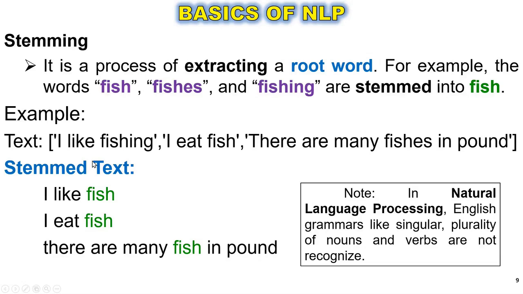If we have a sentence or a paragraph, I like fishing, I ate fish, there are many fishes in pond, and then if we apply stemming, it will now be like this: I like fish, I ate fish, there are many fish in pond. Note that in natural language processing, English grammar like singular and plurality of nouns and verbs are not recognized.